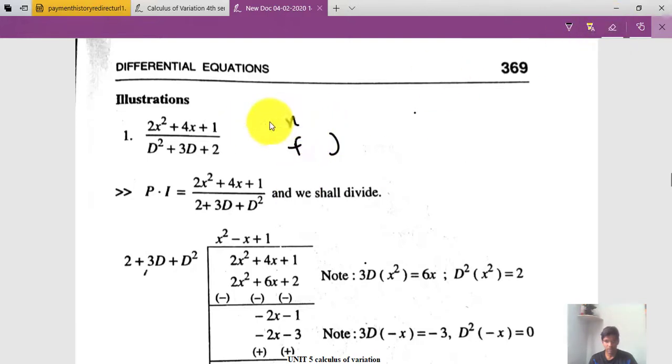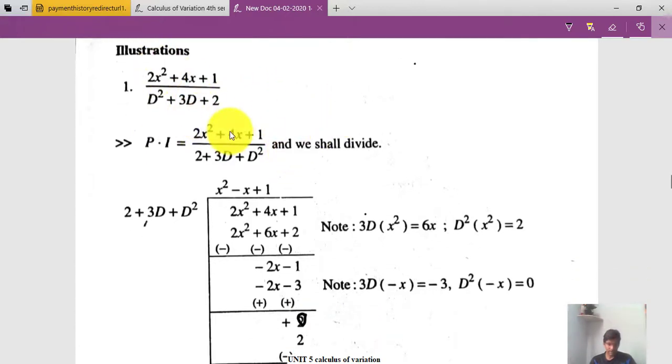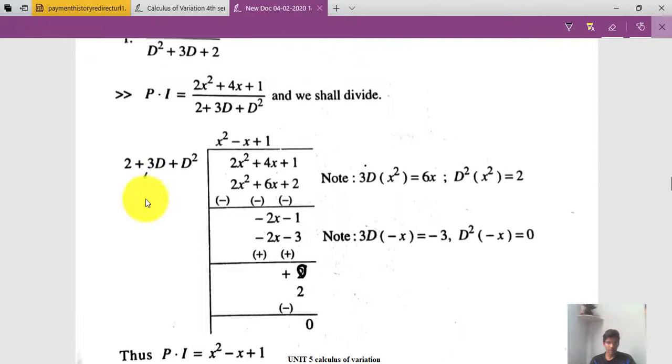Whenever you have an equation of this type, where a given polynomial is there and a differential polynomial is there, what I do is always write the differential polynomial in ascending powers of D, that is small to big. Here D power 0 I did not write. So this is in ascending powers of D, and whatever polynomial is there, you need to write it here first.